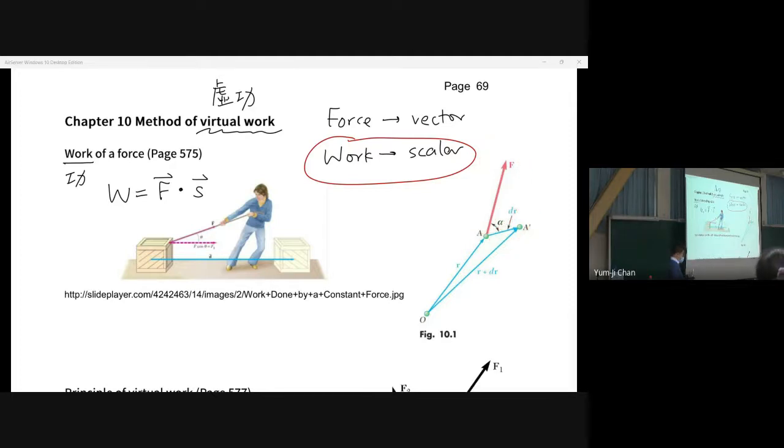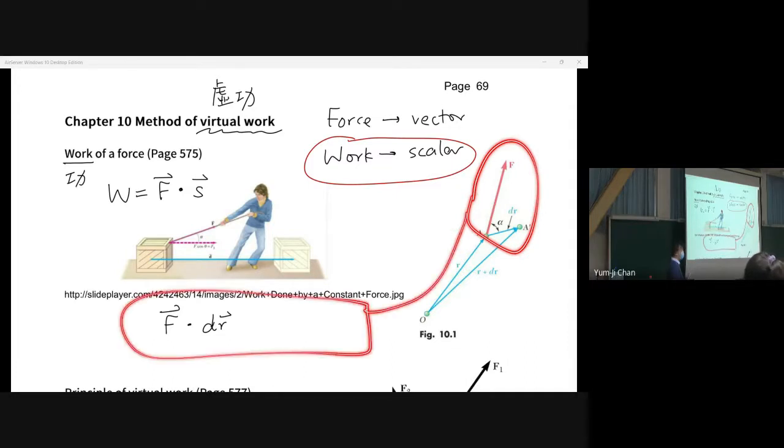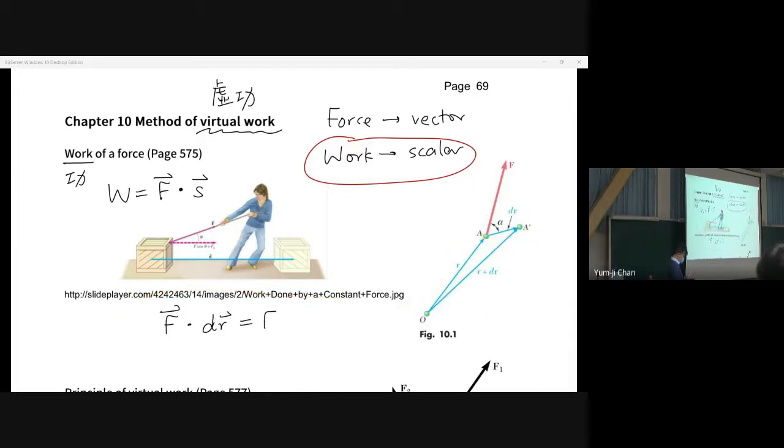So we can have F dot dr, and we can work it out this way. F dot dr would be equal to F times dr times cosine alpha. They don't need to be in the same direction. They can be in different directions.